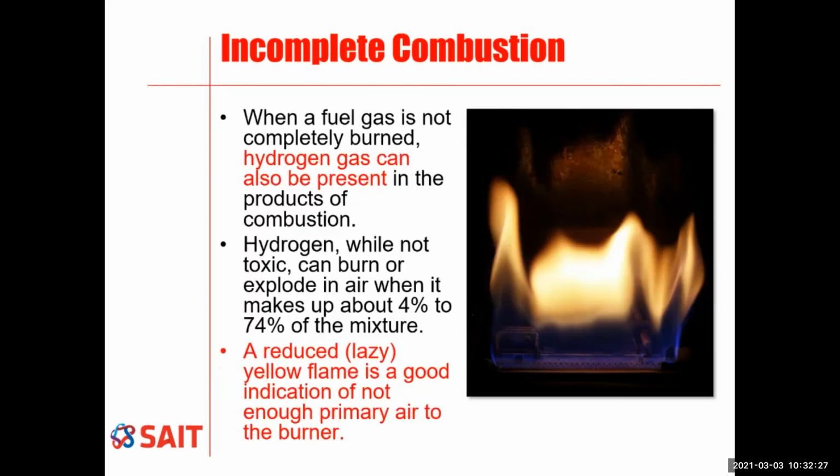When a fuel gas is not completely burned, hydrogen gas can also be present. Hydrogen, while not toxic, can burn or explode in air, and it has a high flammability rate as well. A reduced yellow lazy flame is a good indication that there's not enough air to the burner.